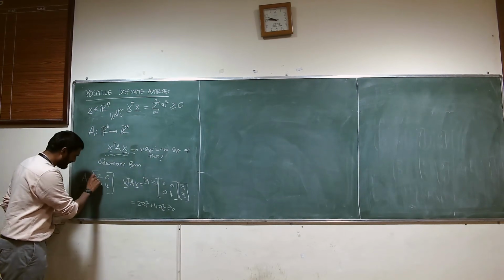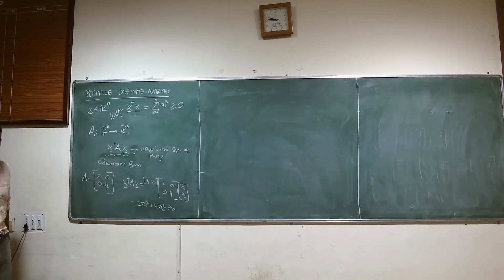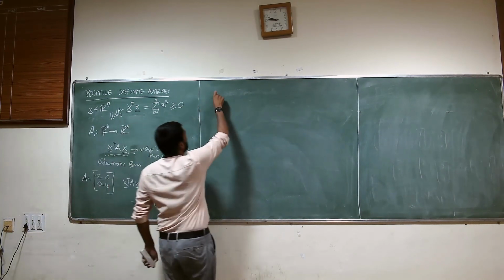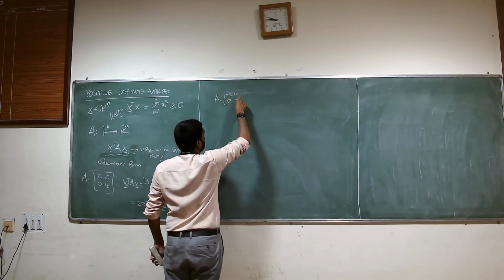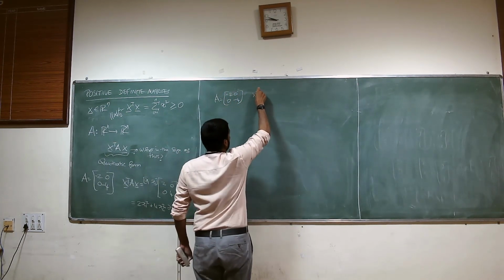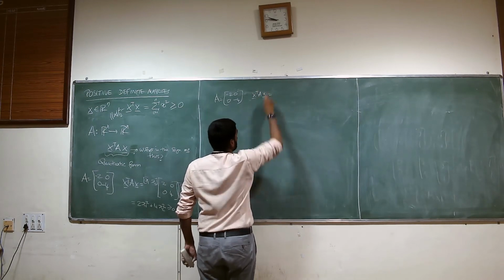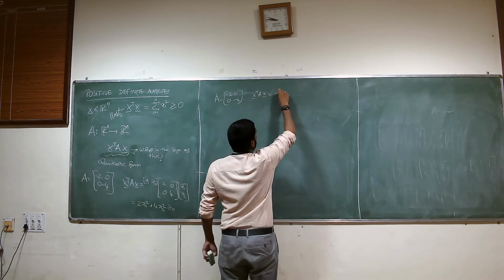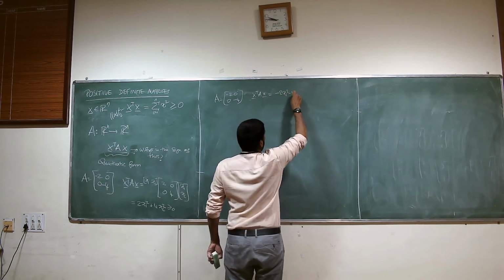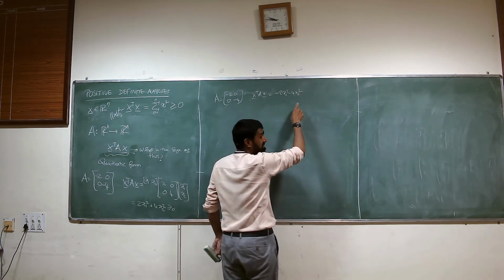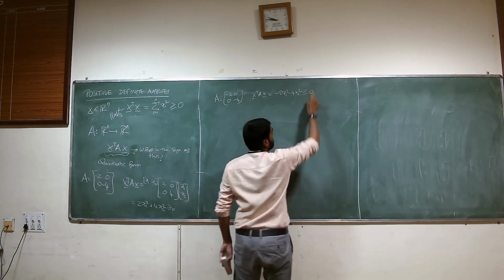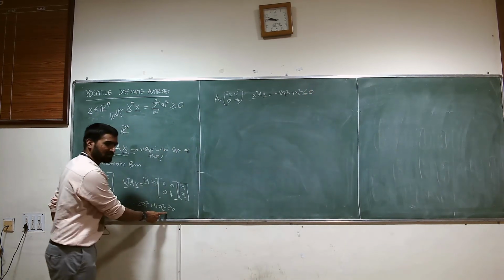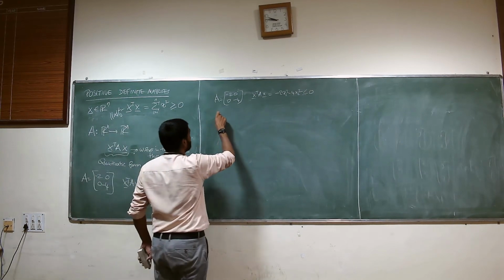What if it was like this? Okay, will it always be positive? If A was minus 2, 0, 0, minus 4, what is x transpose Ax? Is this always positive? It's always less than or equal to 0, right? The previous one is always positive, this is negative. What about this?